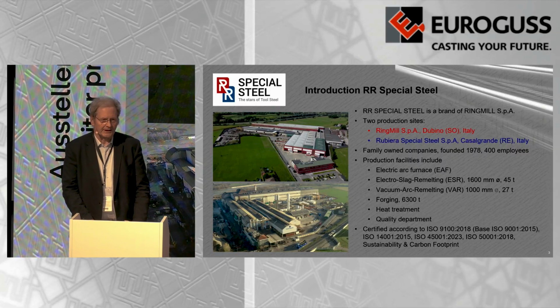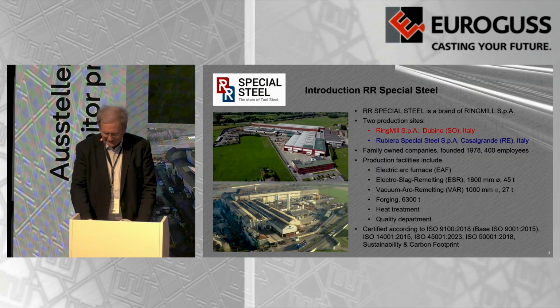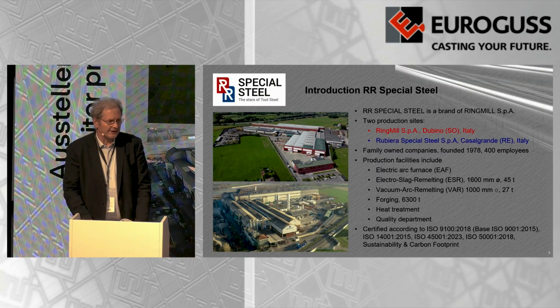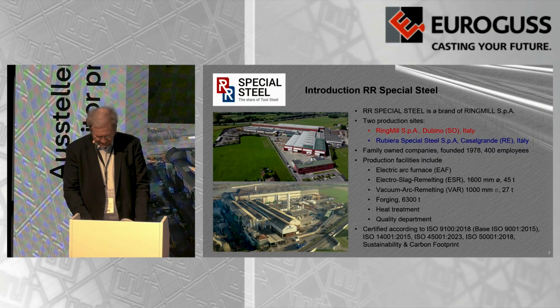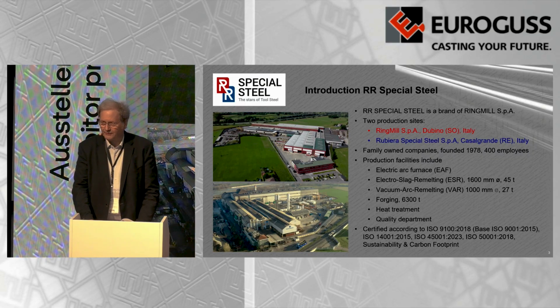The production facilities include an electric arc furnace, electroslag remelting and vacuum remelting facilities, a 6,300-ton forging press and 2 smaller forging presses, heat treatment facilities, and of course also a quality department.